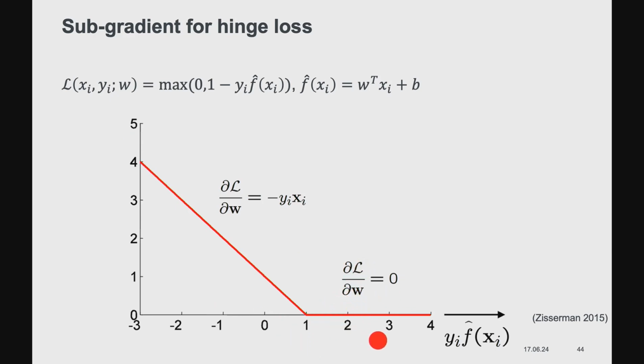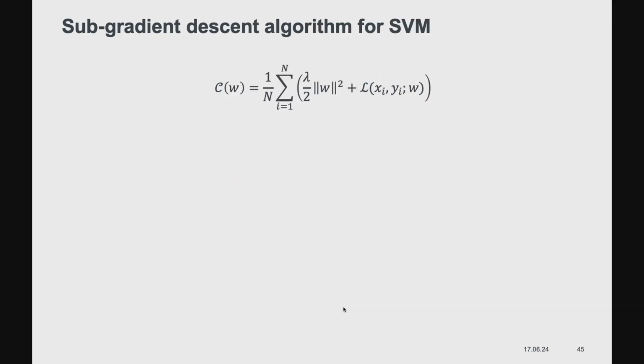So once we are in this place, there's nothing to improve with my discriminant line, because this point is already further away, or at least as far away as the support vectors. And of course, the other subgradient will be this 2 times lambda w, if I derive this part.